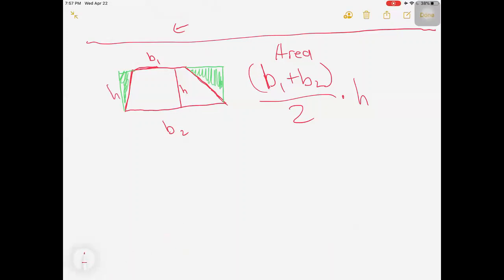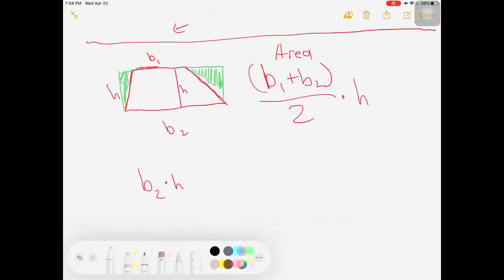The area of the entire rectangle is just going to be b2 multiplied by h. And we're going to subtract off the areas of these two green triangles.